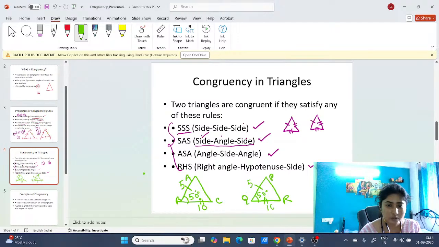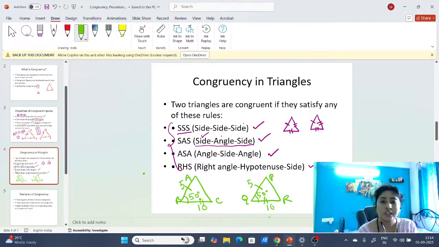So if this happens, means if AB is equal to PQ, BC is equal to QR and angle B is equal to angle Q, then these two triangles are satisfying SAS criteria or side angle side criteria, and hence they will be called congruent triangles.